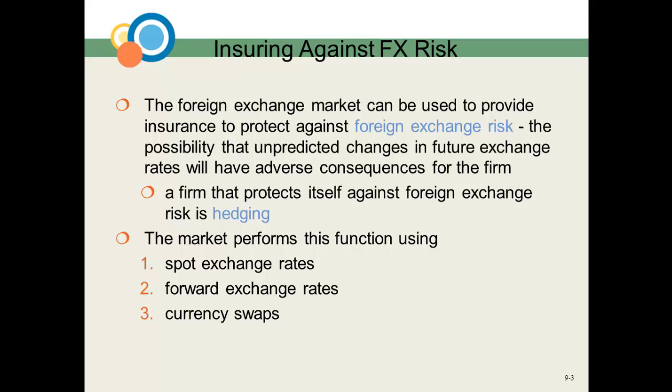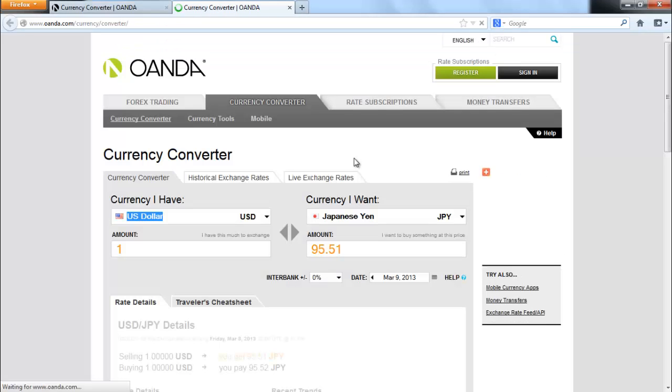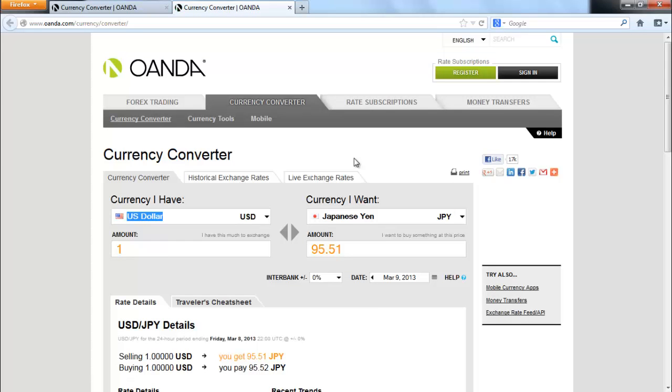Now, for those of you who have not taken international accounting, let me give you a brief explanation of how one type of exchange risk could occur. Let's say that ABC Company operates both in the United States and in Japan.